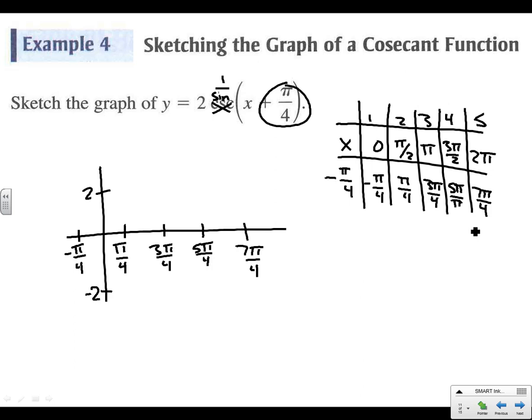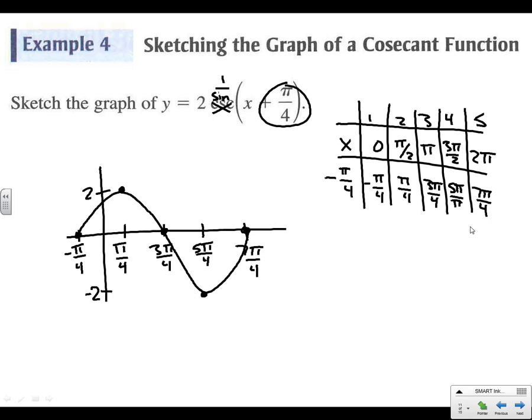So what I'm going to do is go ahead and, in black, just draw what the sine curve would look like. So first dot, second dot, third dot, fourth dot, fifth dot. Connect them nicely. There's my sine curve.